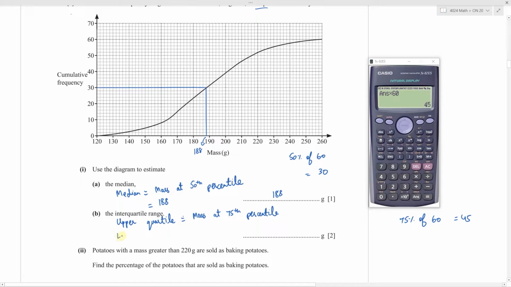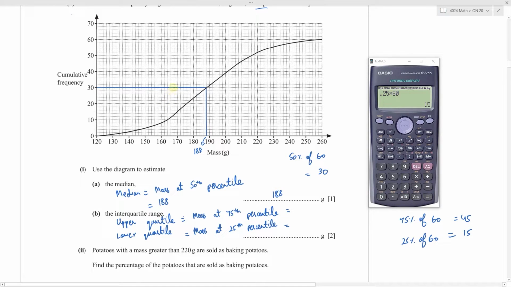And then your lower quartile will be the mass at the 25th percentile. So 25% of 60 is 0.25 multiplied by 60. This is 15.